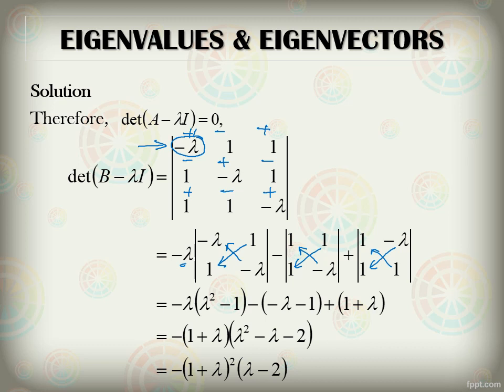Do whatever you need for the operation, then you get this. For this cubic equation you need to factorize it so that it is easy for you to solve for your lambda. So this is equal to 0. Now you can solve for your lambda.